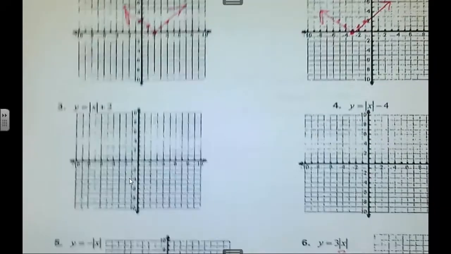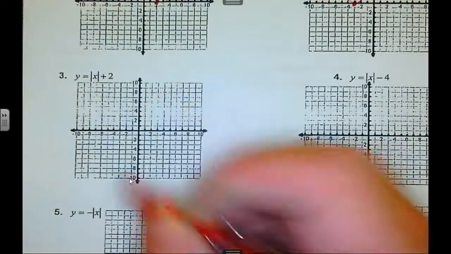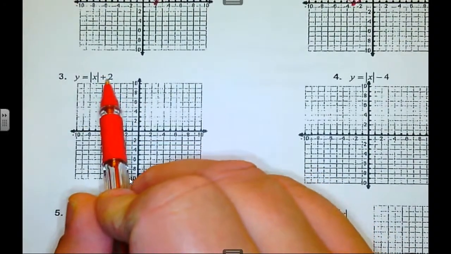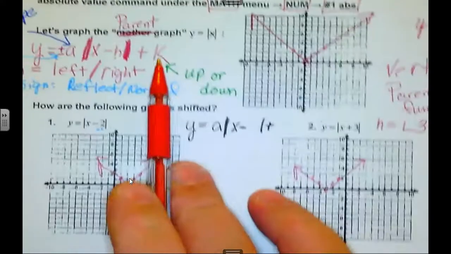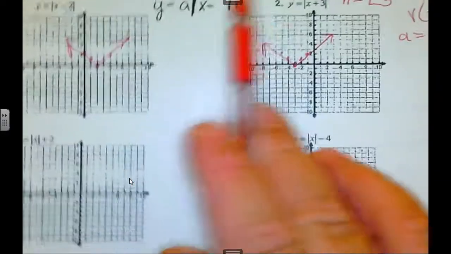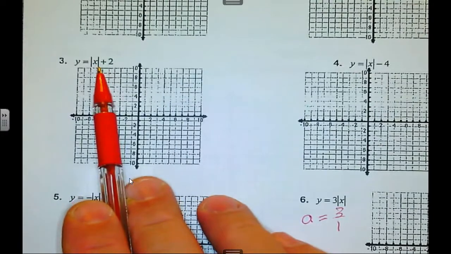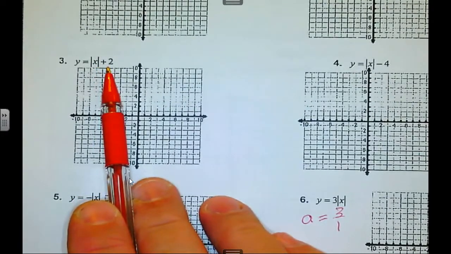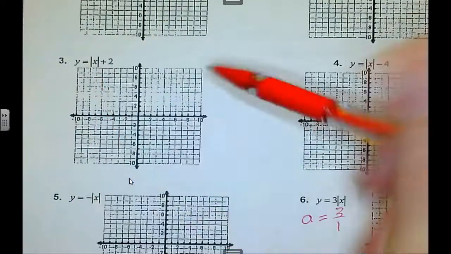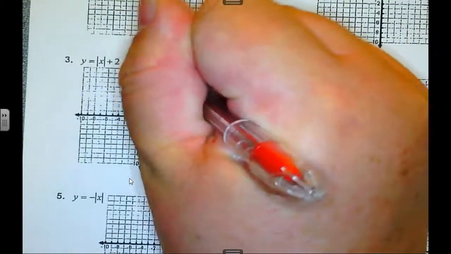Number 3. Now, this 2 is outside my absolute value, so that's my k. It's going to tell me up or down. Now, in my formula, it's already a plus sign, and here my k has a plus sign. So what am I going to do with my whole graph? Up 2.